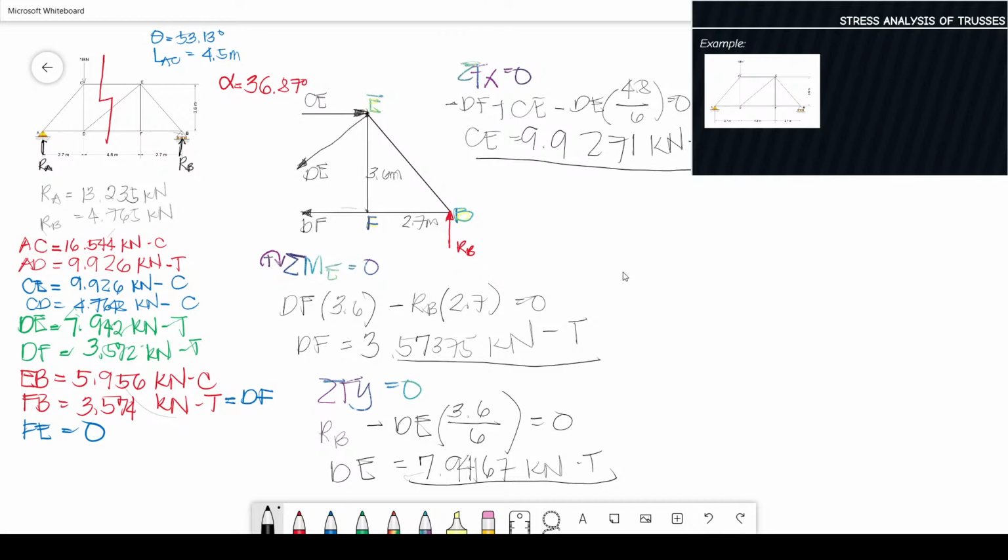So this is the section method. For problems with a series of triangles, you can use the section method so that you get three unknowns in one go, unlike the joint method, which handles only two. To analyze using the section method, actually, this truss could be analyzed using section plus joint methods to be faster. Okay?